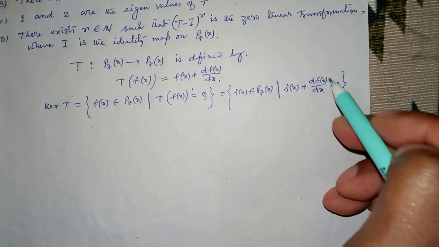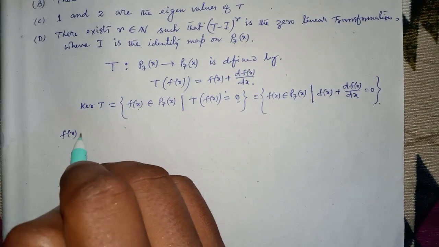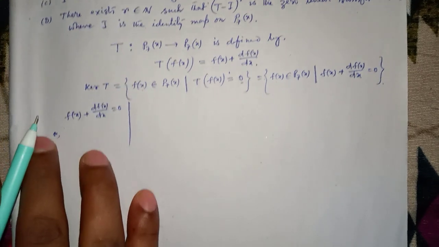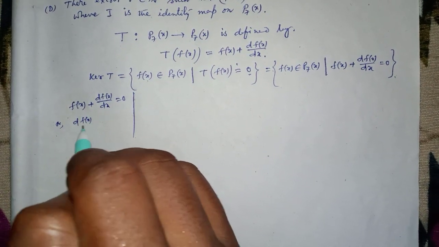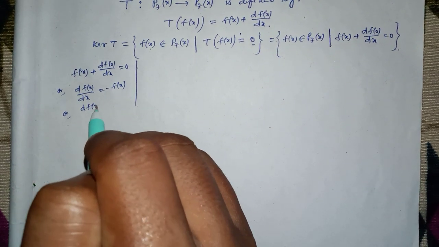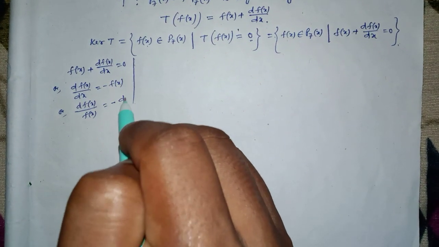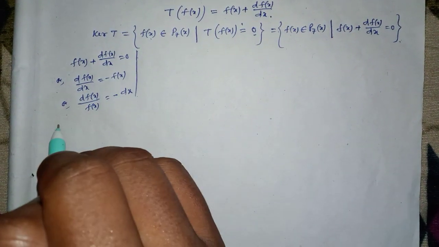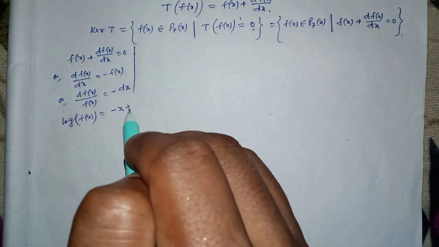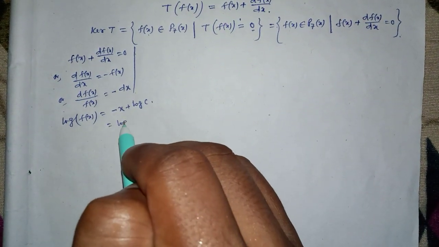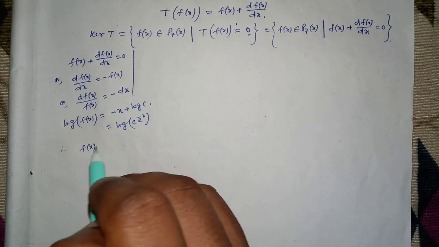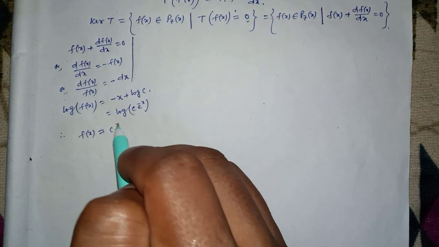Now we solve the differential equation. f(x) + df(x)/dx = 0, or df(x)/dx = -f(x), or df(x)/f(x) = -dx. Integrating both sides, we get log f(x) = -x + log c = log(c e^(-x)), or f(x) = c e^(-x).